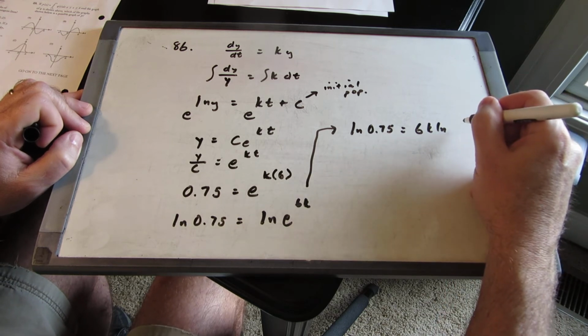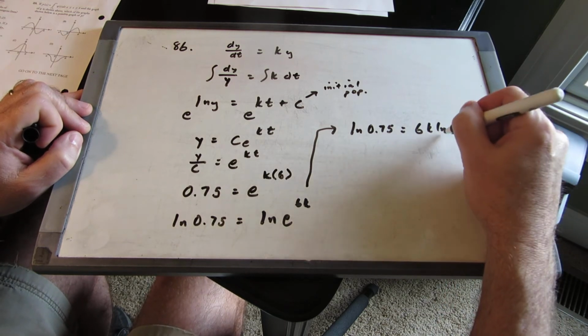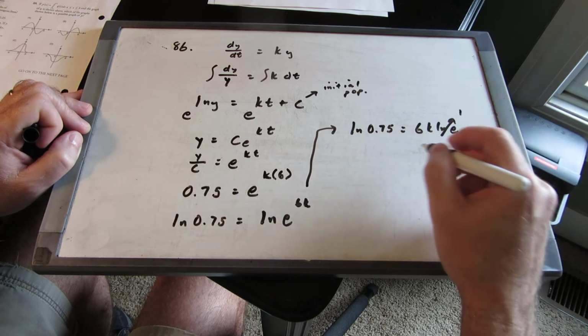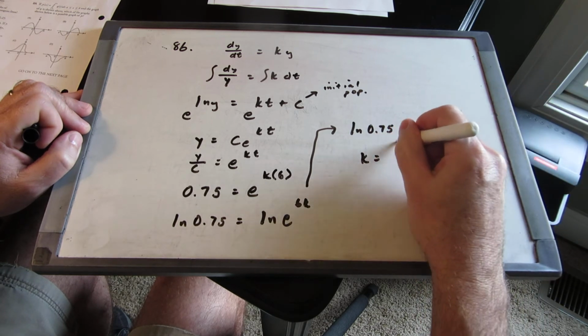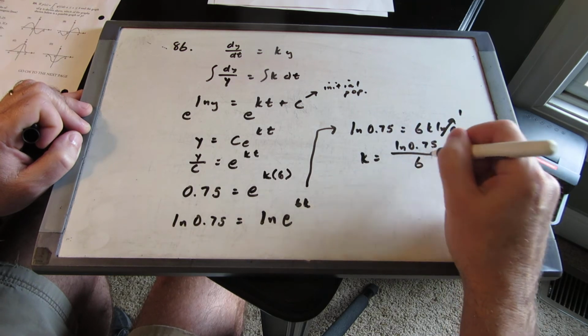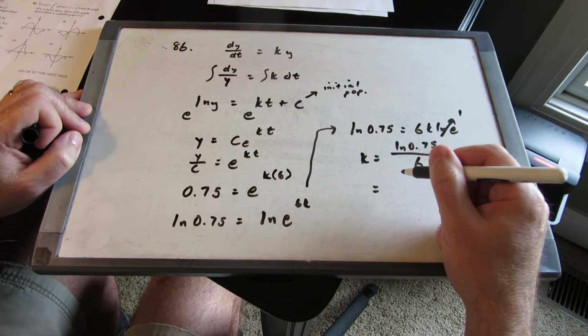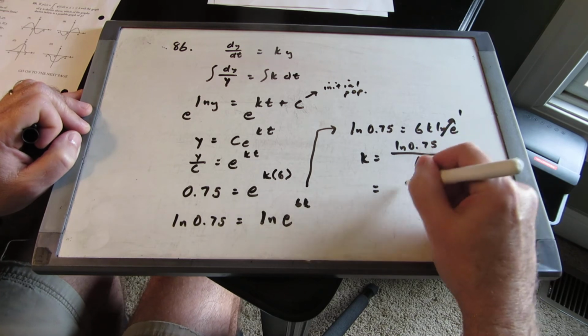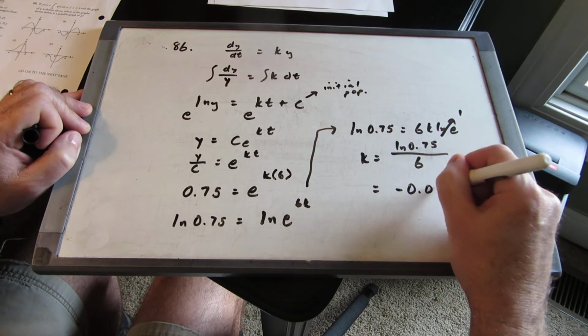The natural log of e is just 1. So k is the natural log of 0.75 over 6, and your calculator will tell you that that is minus 0.048.